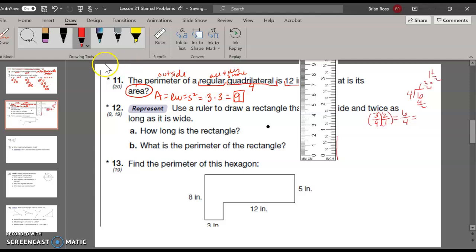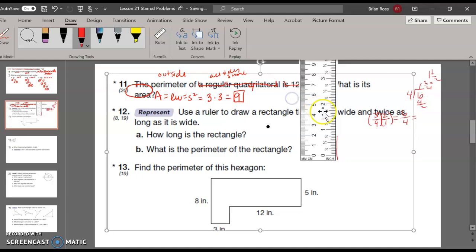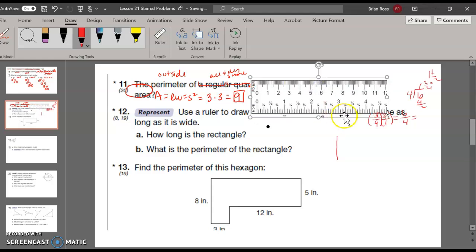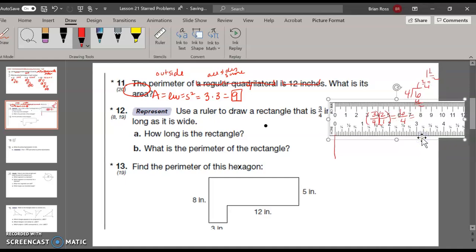So let me flip this again. Flip it back. Oh no, not that. That we need. No, we want this. There we go. Flip it so that it's there. We'll put it on 0. And we need 1.5.